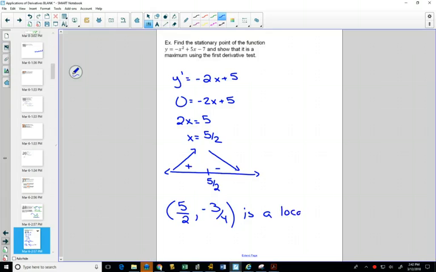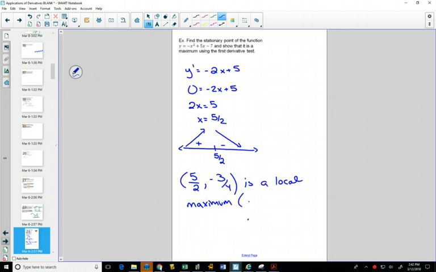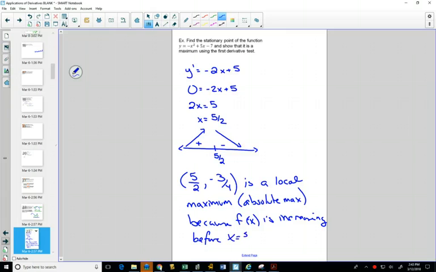is a local, it's actually an absolute maximum, but for the first derivative test, I'll put that in brackets, because f of x is increasing before x equals 5 over 2 and decreasing after.